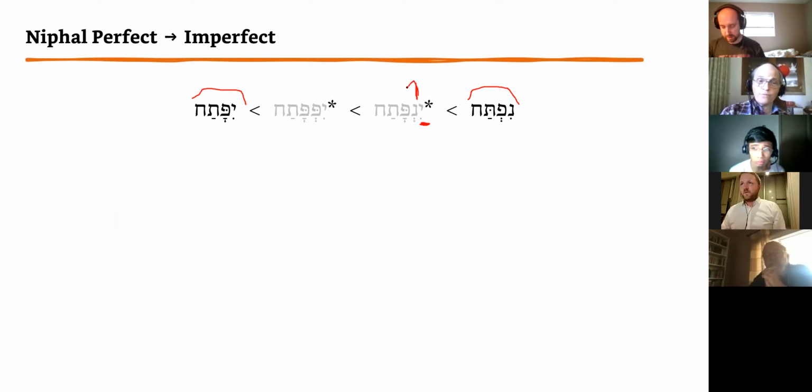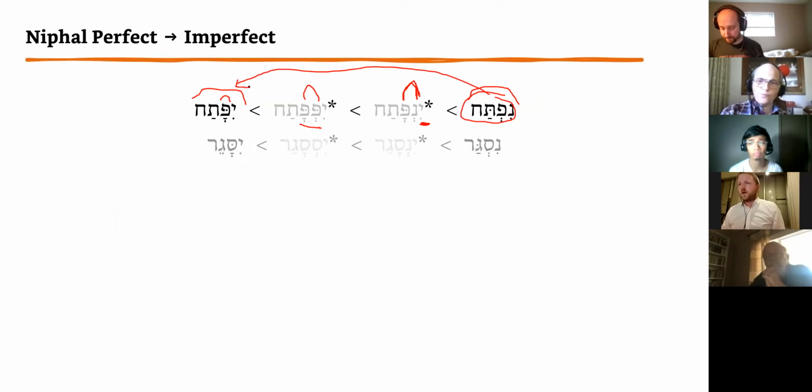That nun takes on the sound of the pe, so that nun becomes pe. Yip-patach, and then that is written as one with dagesh, yipatach. Yipatach is how we get from niftach to the imperfect.